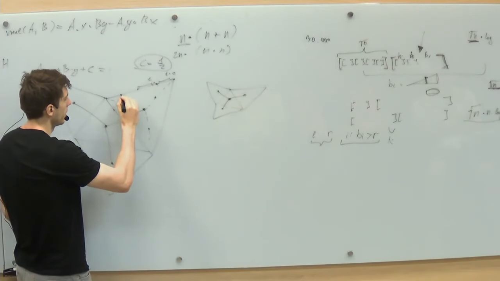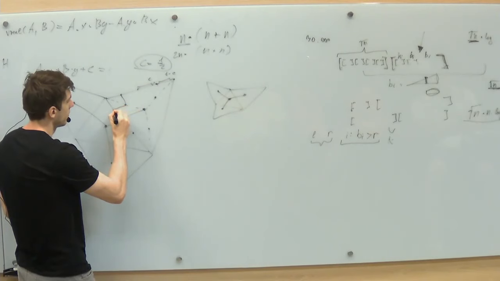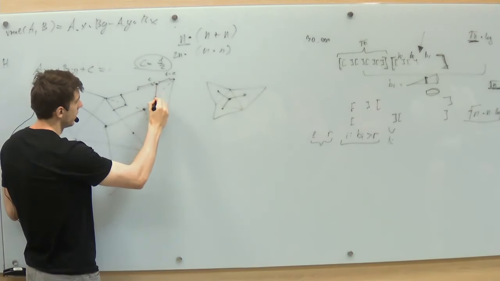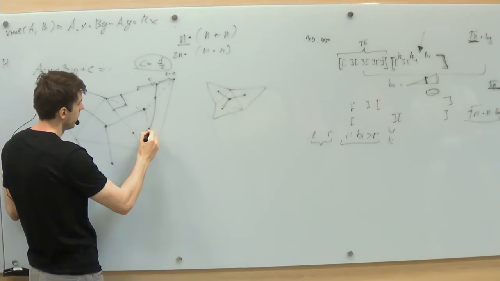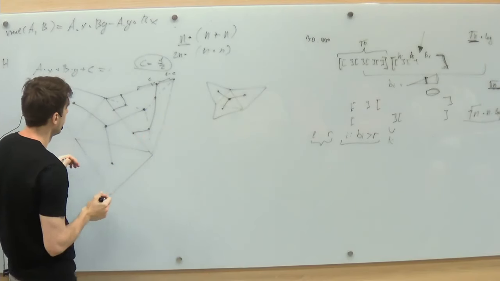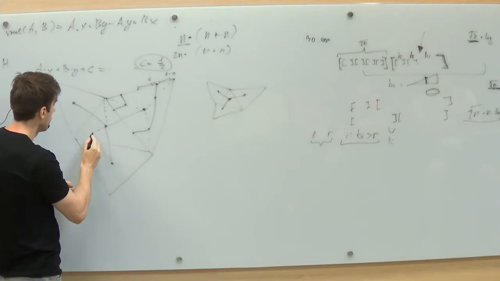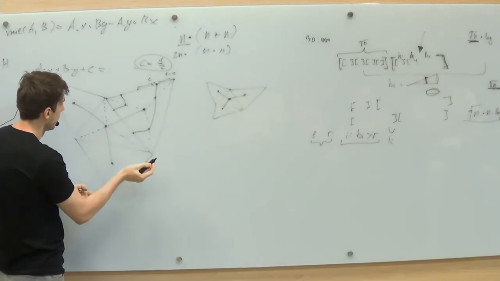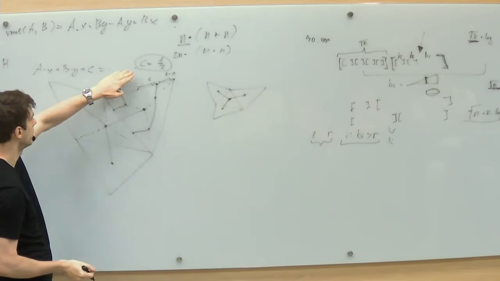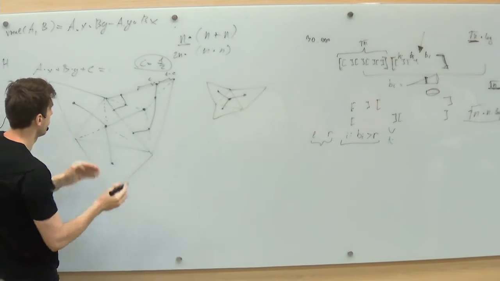After that we'll connect the points like this. And here again we're making these edges, also dividing every edge in this proportion.